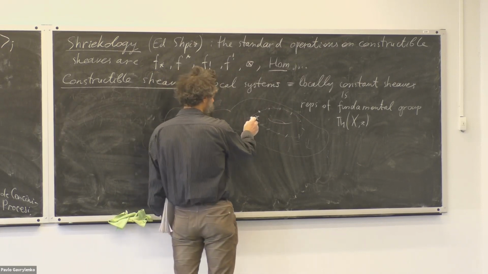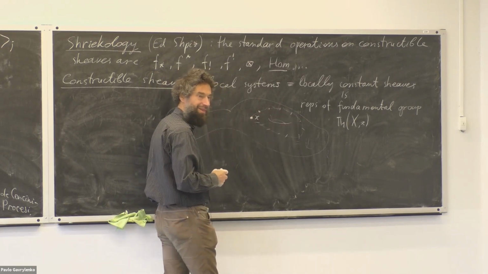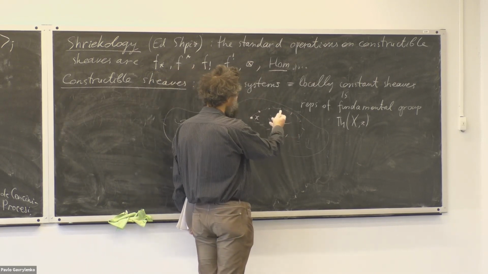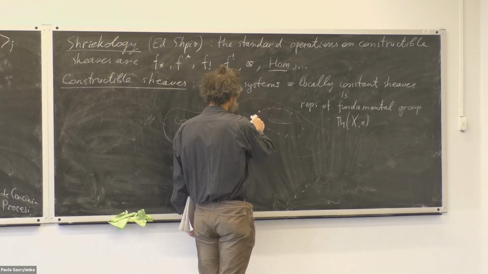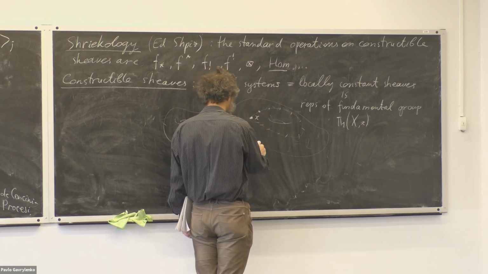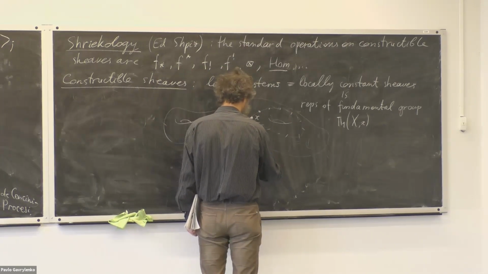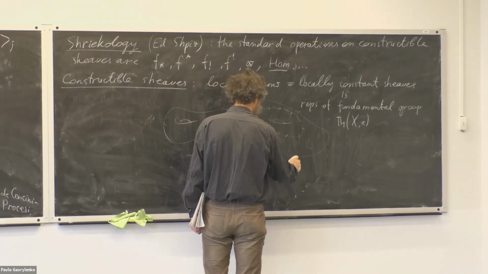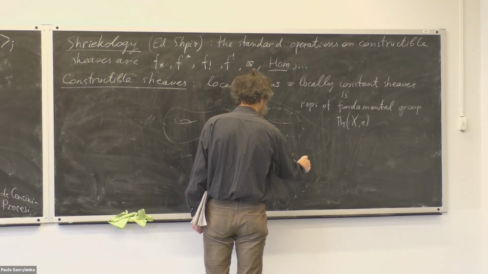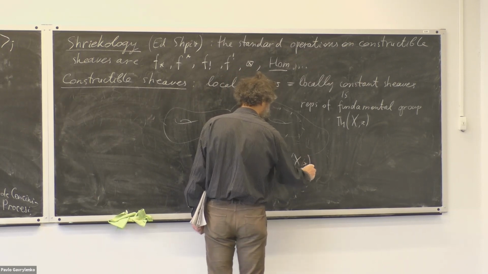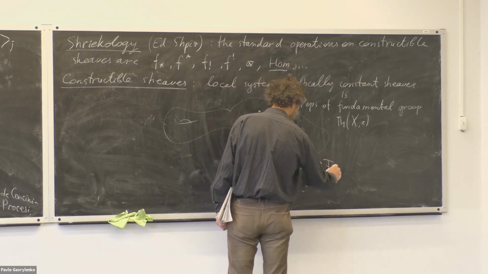So it depends only on the homotopy class of this loop, and this way for any locally constant sheaf F, you have a representation of the fundamental group on the stalk at point x.